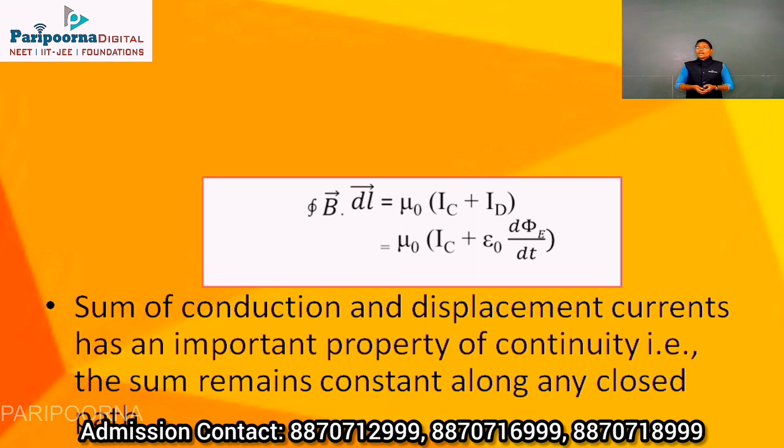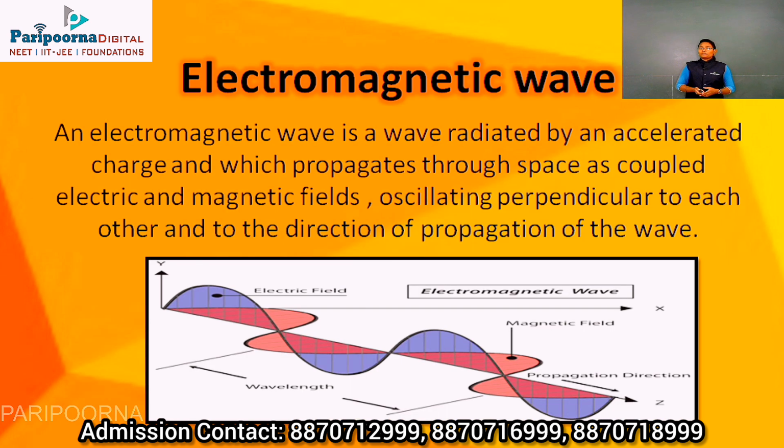So, mu naught into (I_C plus I_D), where I_D is epsilon naught d phi_E by dt. The sum of the conduction and the displacement currents has an important property of continuity, that is, the sum remains constant along any closed path.